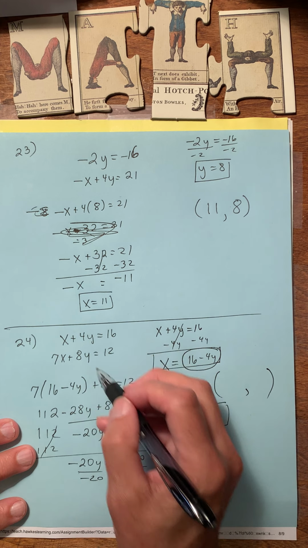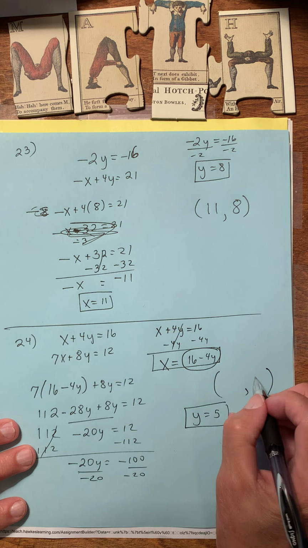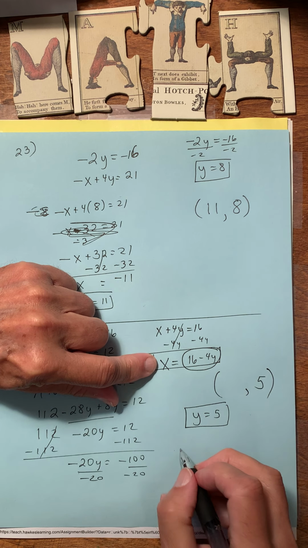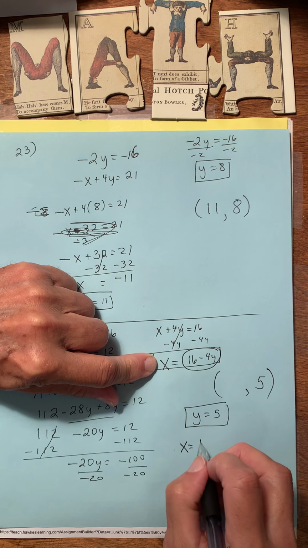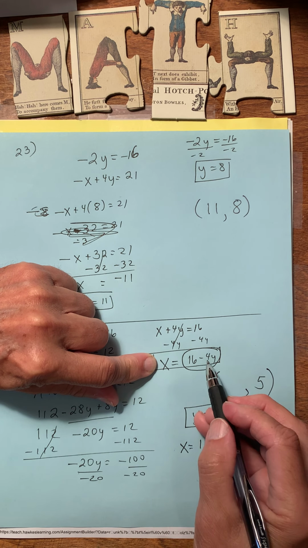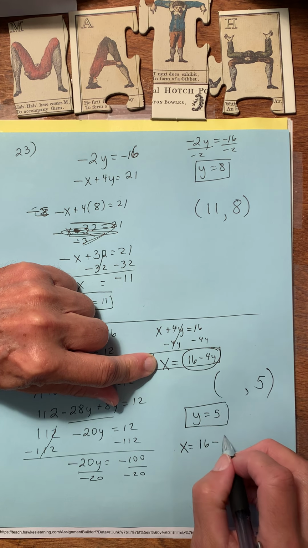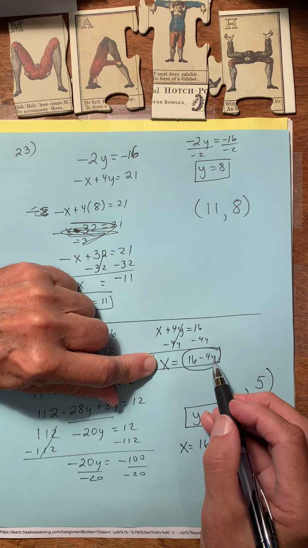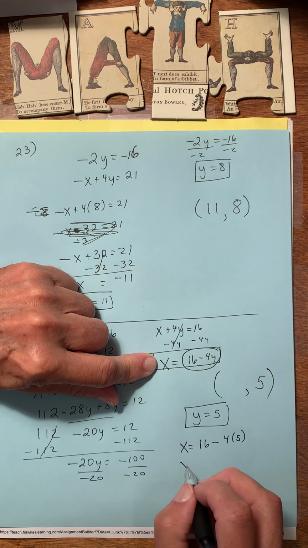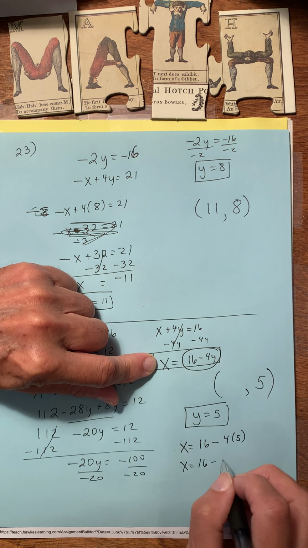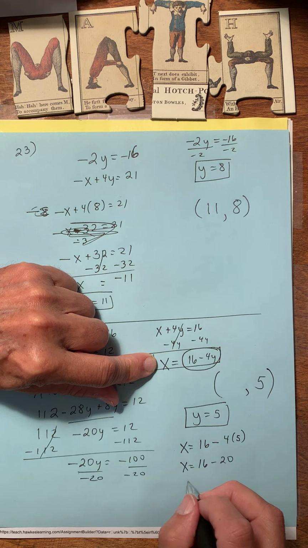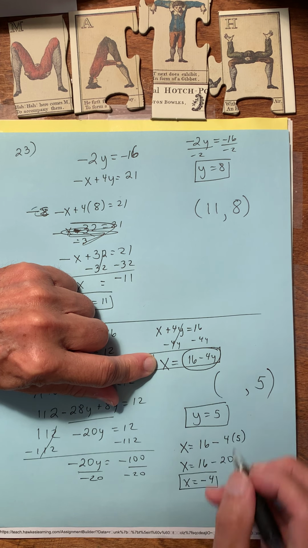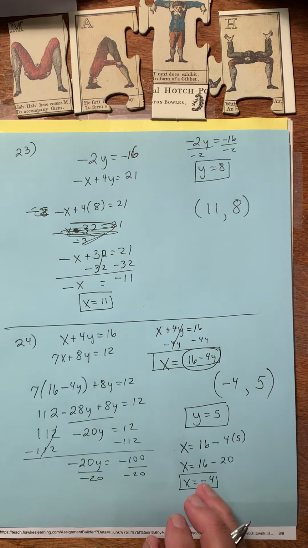Where these two lines cross, they cross at the point something, 5. So I got this much. Now I need to go back to this expression. Minus 4 times y, but y is 5. Substitute what I know y is right here, and then I get x. Here's my point. Negative 4, 5.